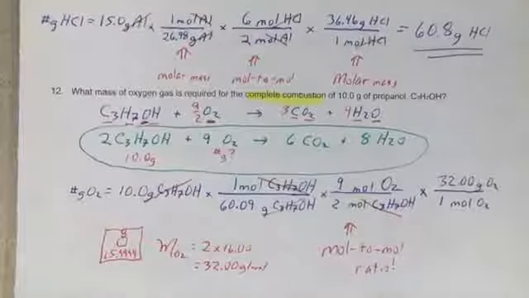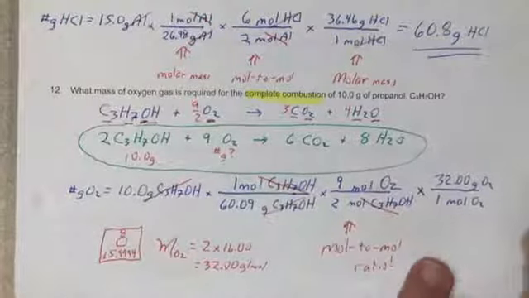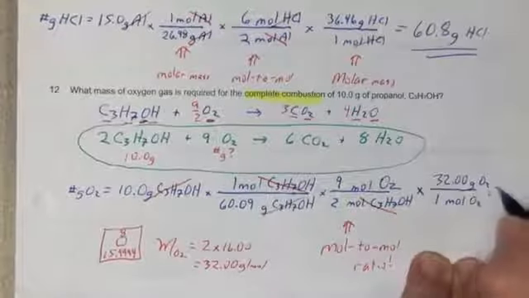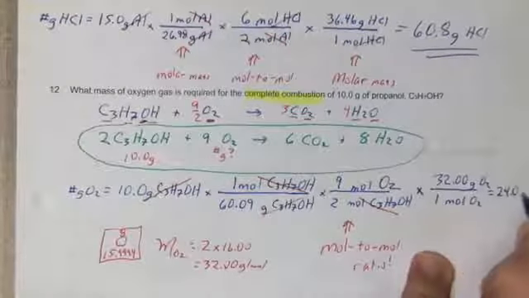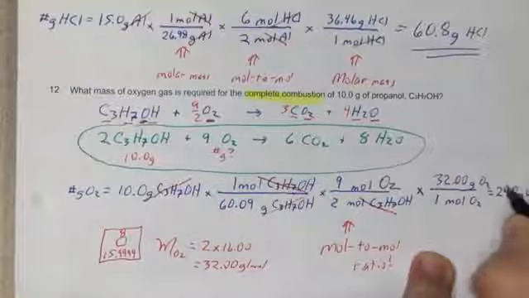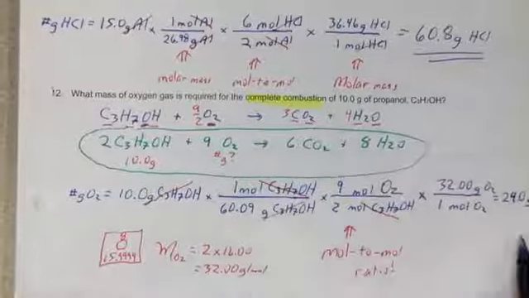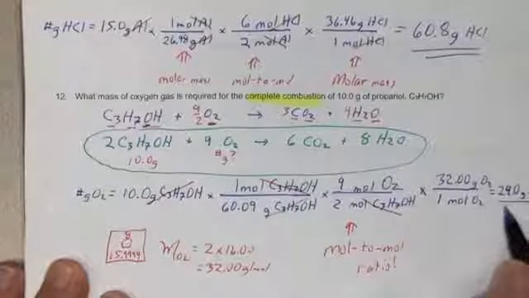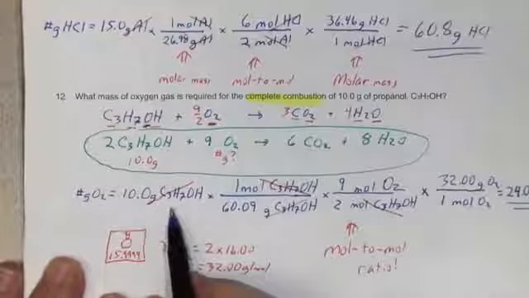And then when you multiply through, the answer that you will get here will be 24.0 grams of O2. It takes 24.0 grams of oxygen to completely combust 10 grams of this compound here.